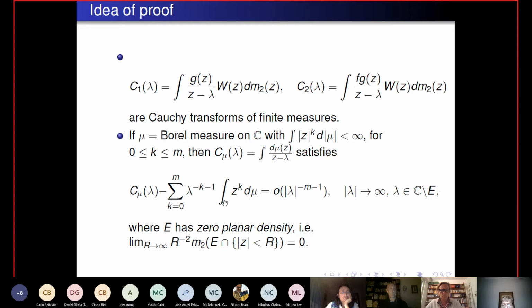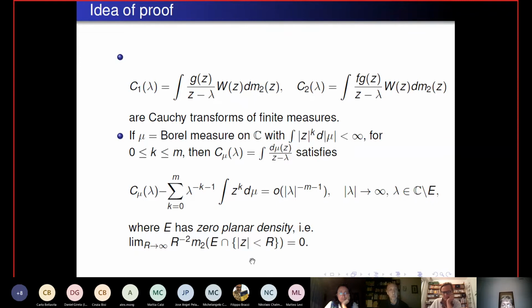I mean, the first terms can be determined. The coefficients are the moments, which means that the measure of the intersection with the disk is smaller than the area of the disk.